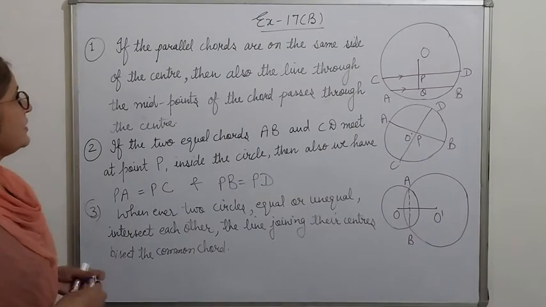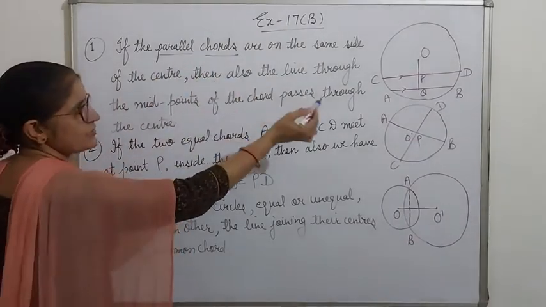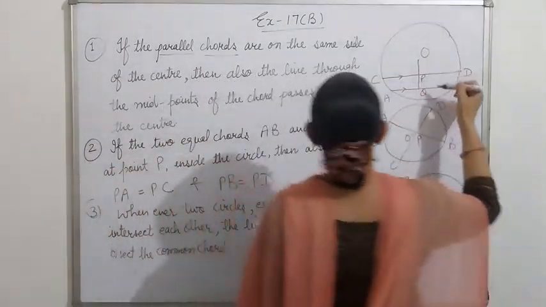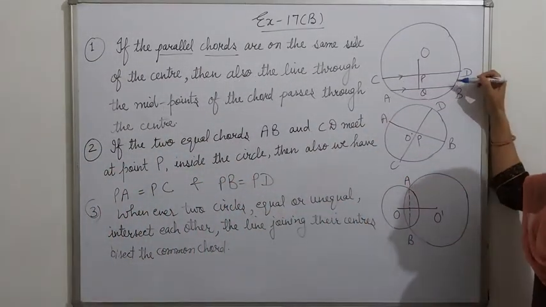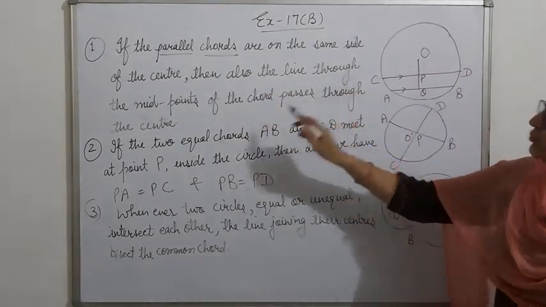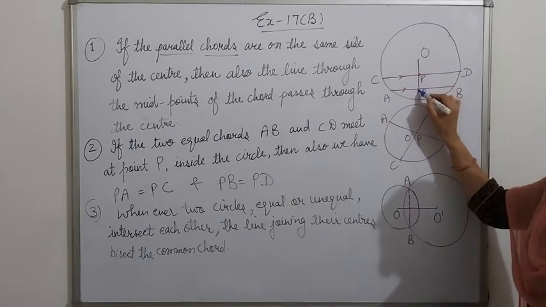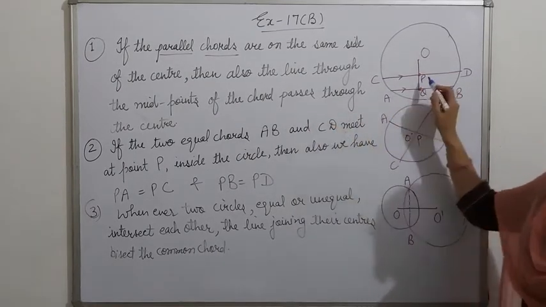The first one: if two or more parallel chords are drawn on one side of the center, then the line through the midpoints of these chords, if P and Q are the midpoints here, passes through the center.